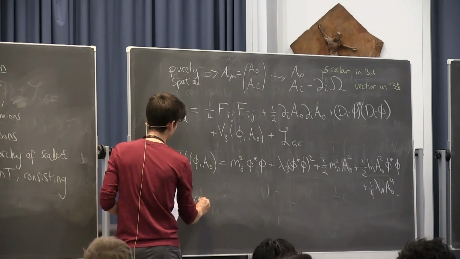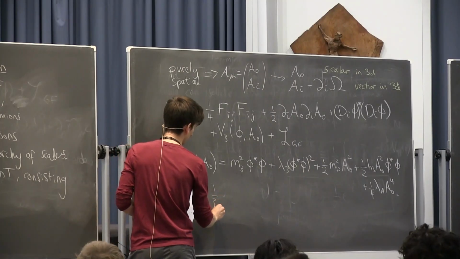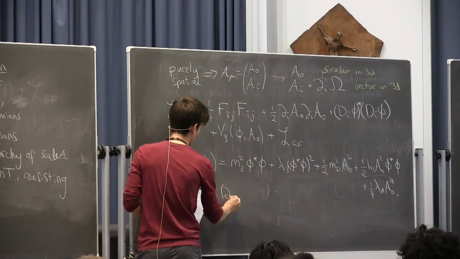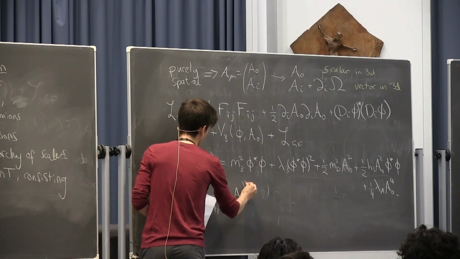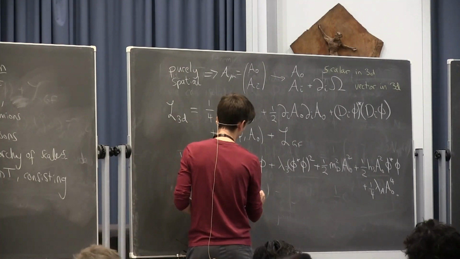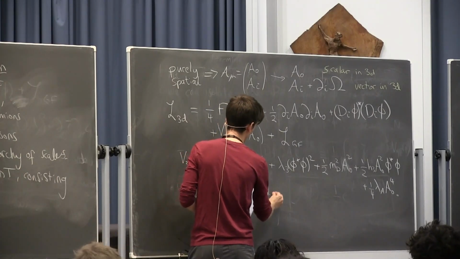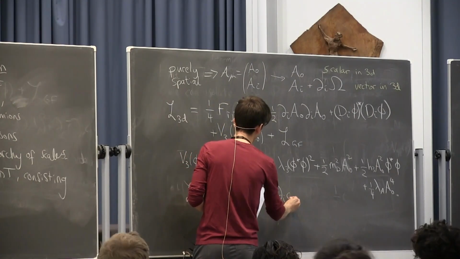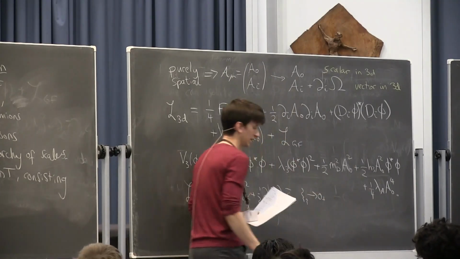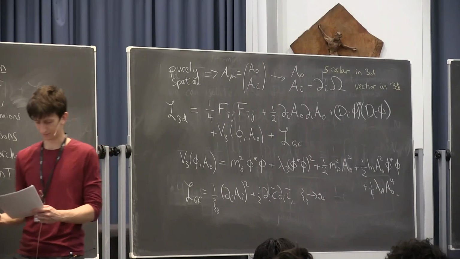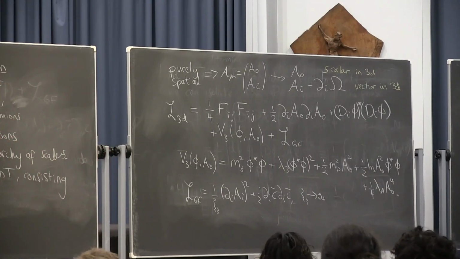And for completeness, here's a gauge fixing term. And again, the ghosts decouple because it's abelian. So that's our effective theory.